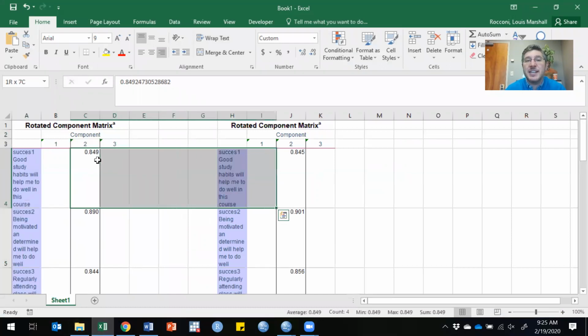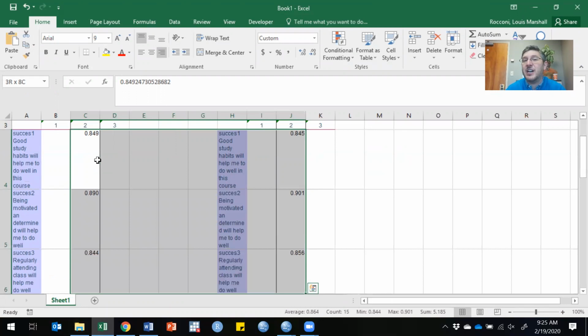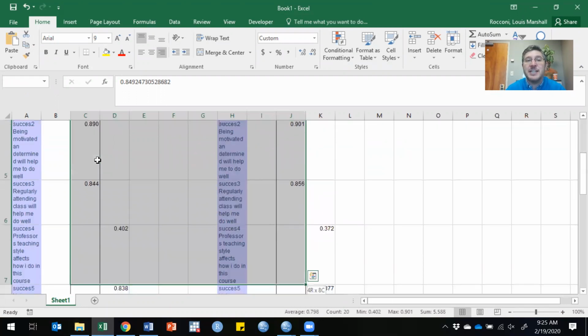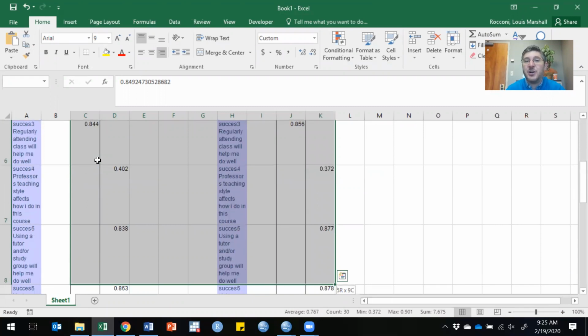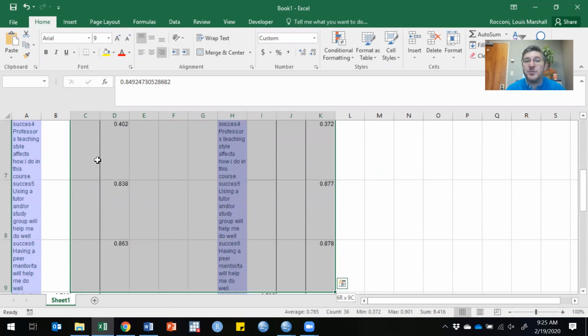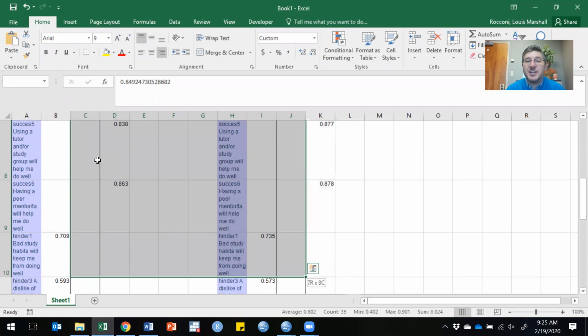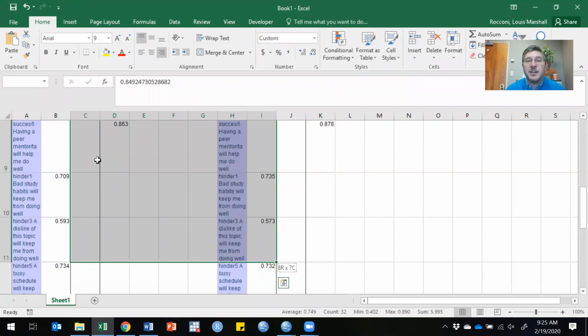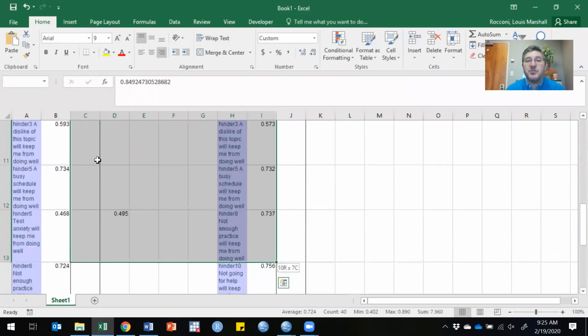If you notice, the factor loadings change, but they only change slightly, and the same items tend to load on each one of the scales. The loadings change somewhat, but not too dramatically.